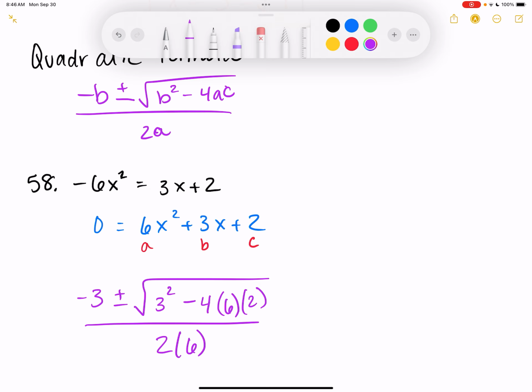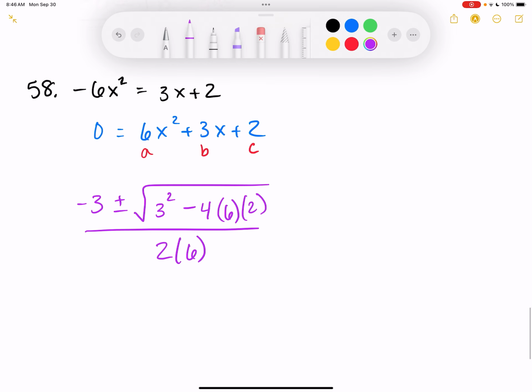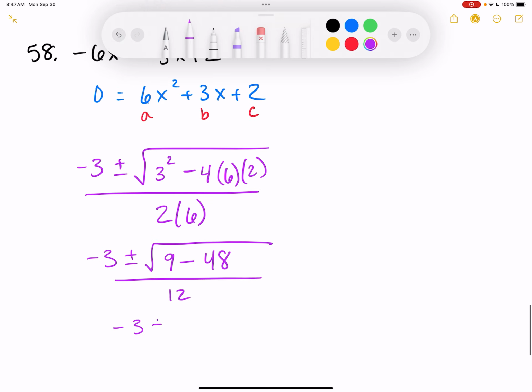So then I've got negative 3 plus or minus the square root of 9 minus, was that 24, 48, minus 48 over 12. So negative 3 plus or minus the square root of negative 39 over 12.